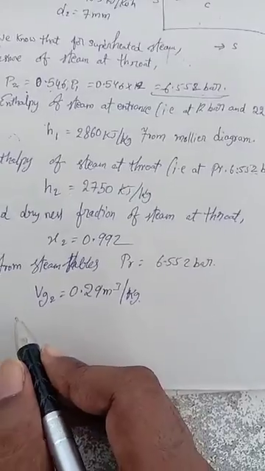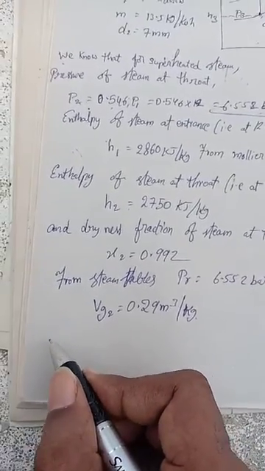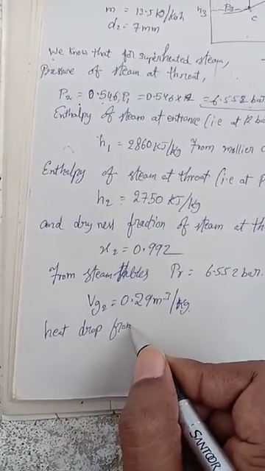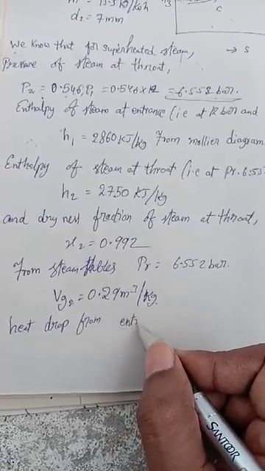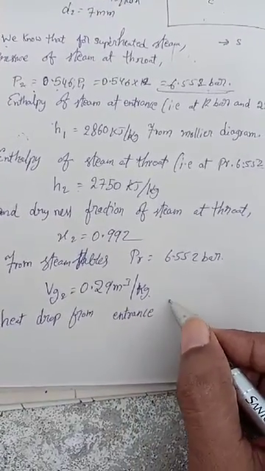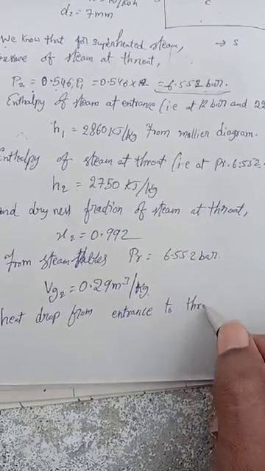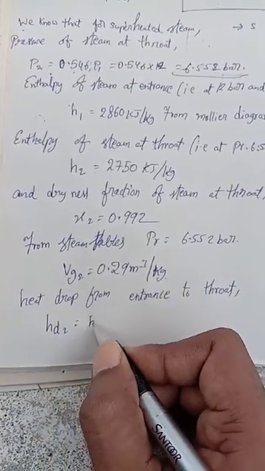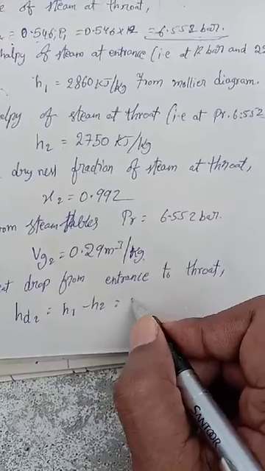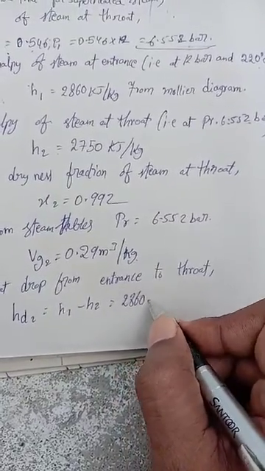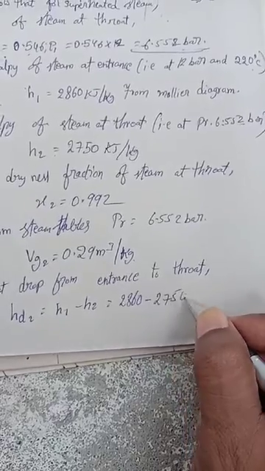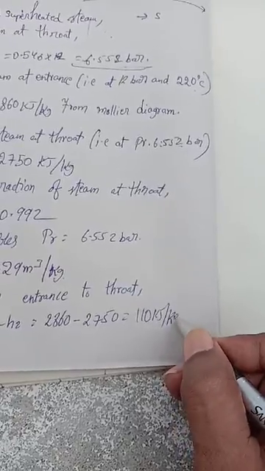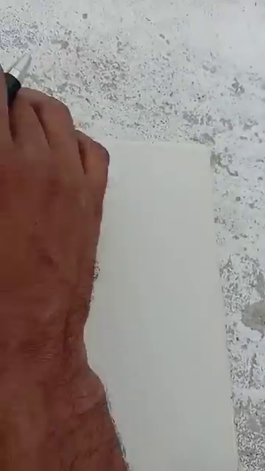Now we know the heat drop from entrance to throat is ht2 equal to h1 minus h2. Then substitute these values and we get the heat drop.